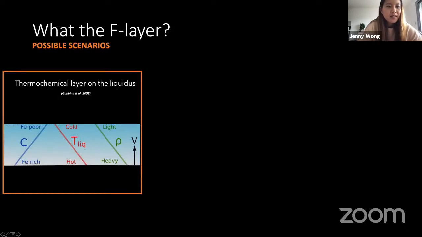The first scenario is a thermochemical layer on the liquidus, first proposed by Gubbins et al. in 2008. They propose that this layer takes into account temperature and compositional changes.